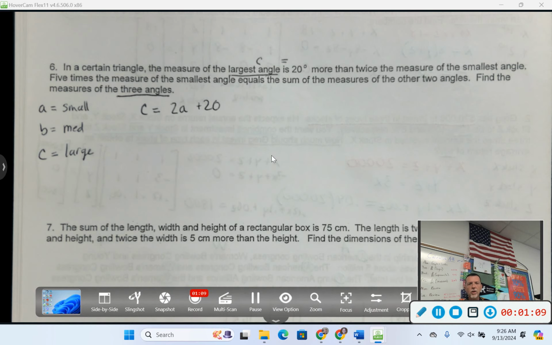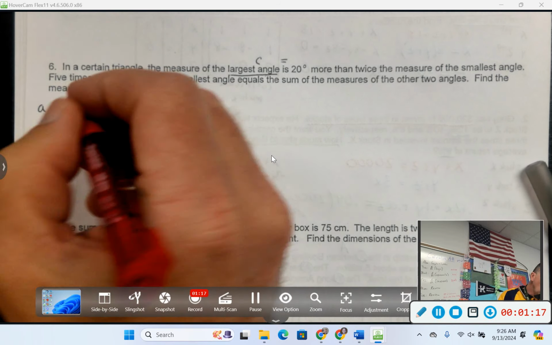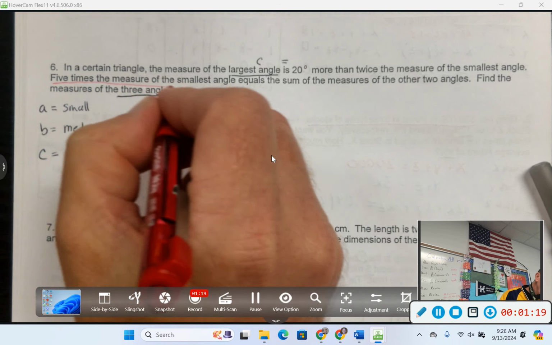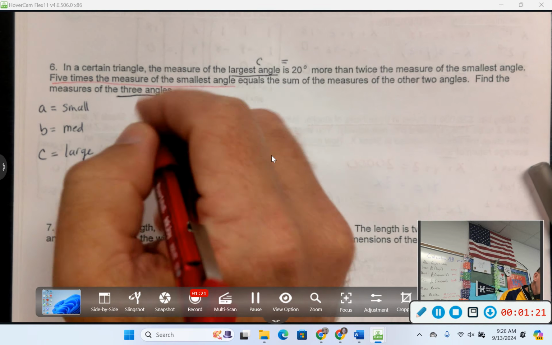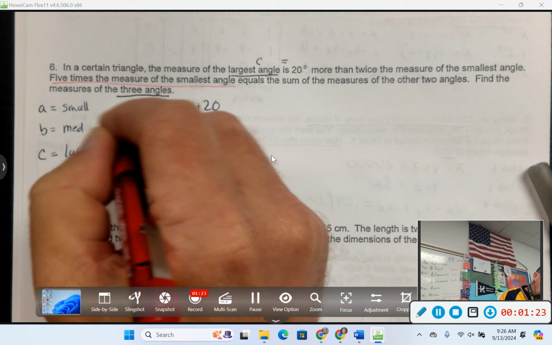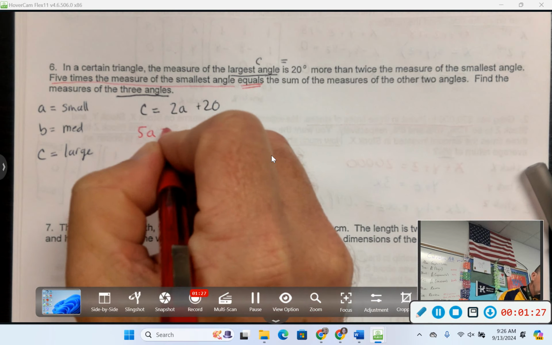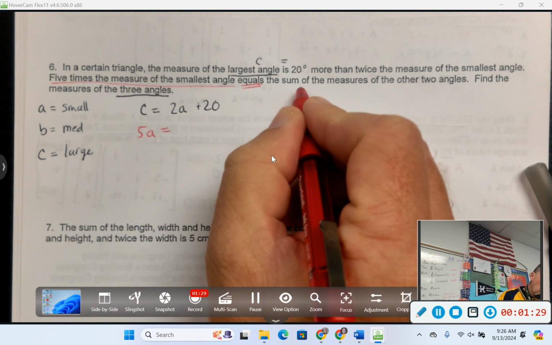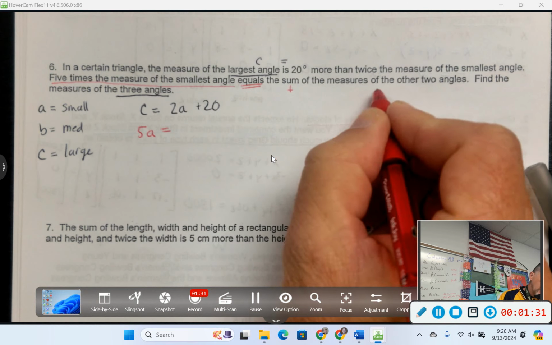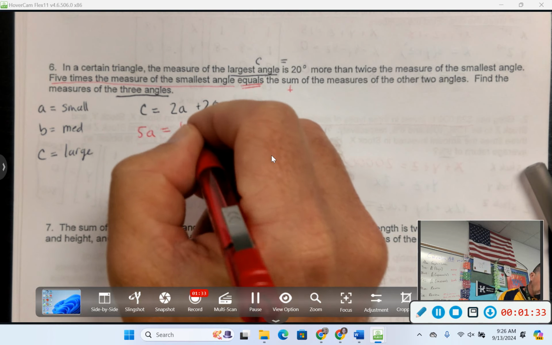Yeah, I feel like I have to read those like three times to make sure I got everything correct. Five times the measure of the smallest angle, so 5 times A, equals the sum, so we're adding the other two, so B plus C.